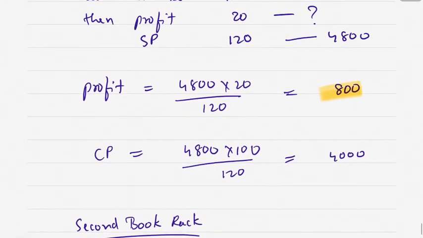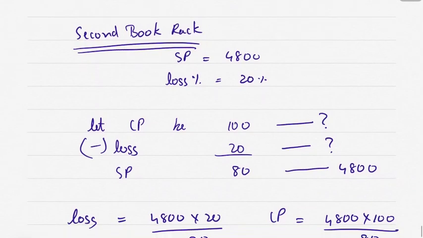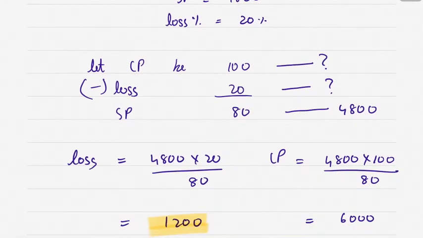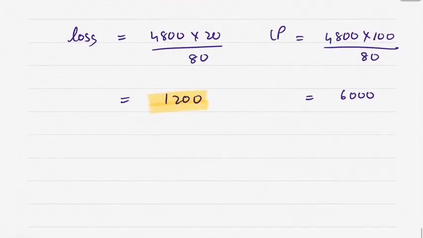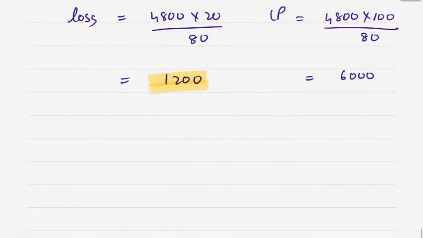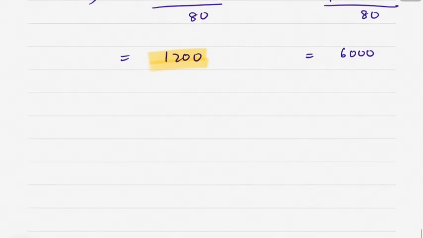minus 800, or you can use the total cost price and total selling price also. Okay, so cost price minus selling price, that you can also do. I'll write it like this.